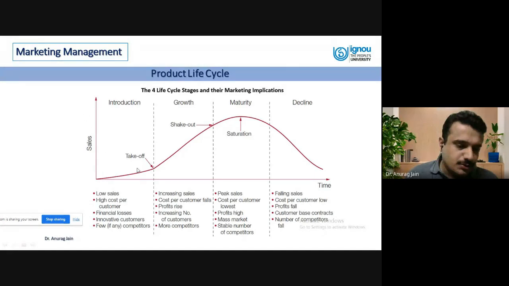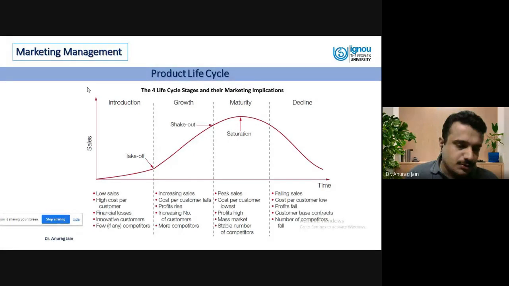Then your product actually takes off. Gradually the demand comes up, and your product achieves a growth stage. Then you see a gradual increase in sales. Now customers are aware of your product and your brand. They are coming to the store and searching for your products online.